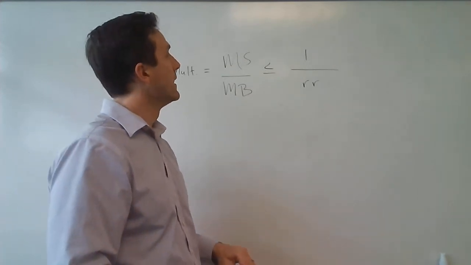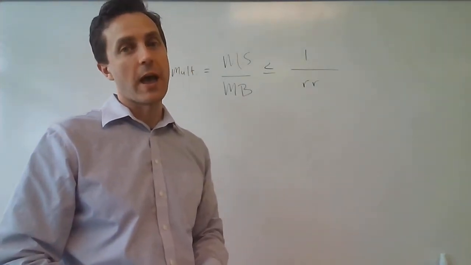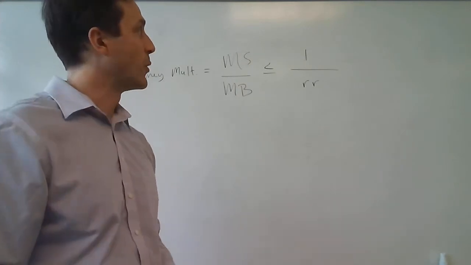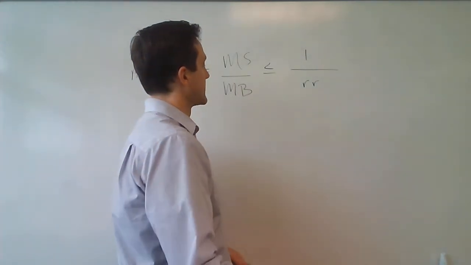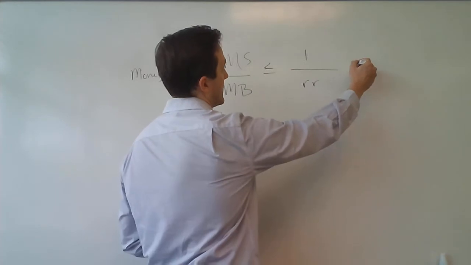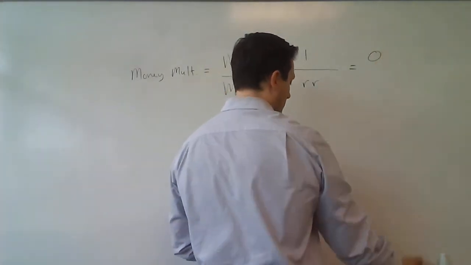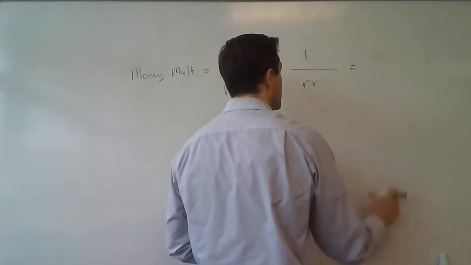So anyways, let's suppose that the required reserve ratio happens to be 0.2. Well, if that's the case, then this would be 1 over 0.2, which would be 5.